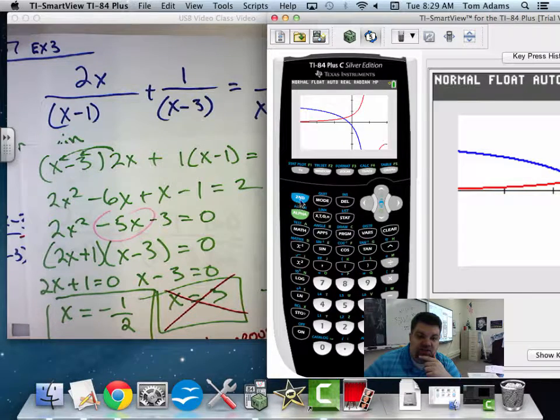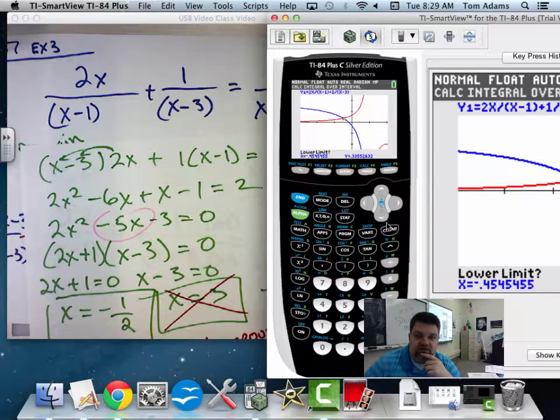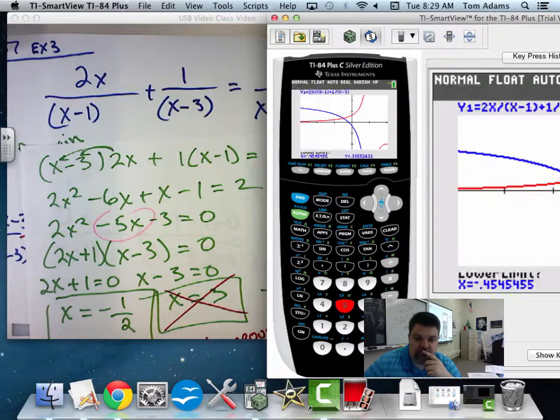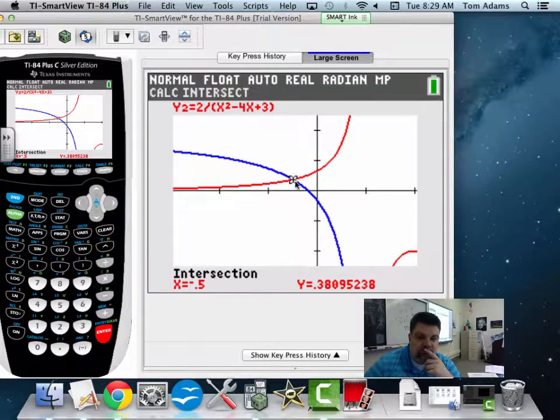Now I can verify this by just simply going second trace and finding the intersection of the two. Whoops. Huh, I hit the wrong thing. Negative 0.5. See it? Right there, that's where they intersect. Any questions?